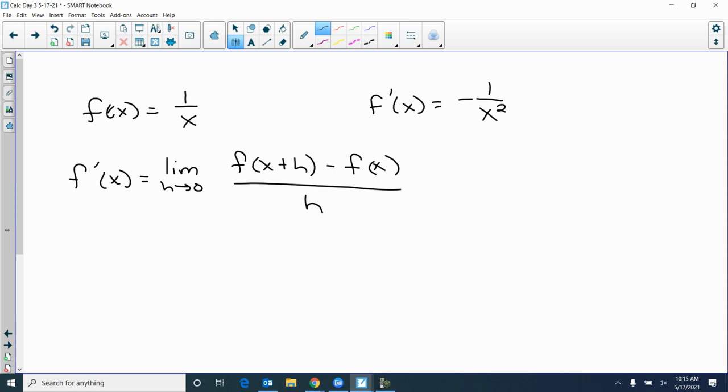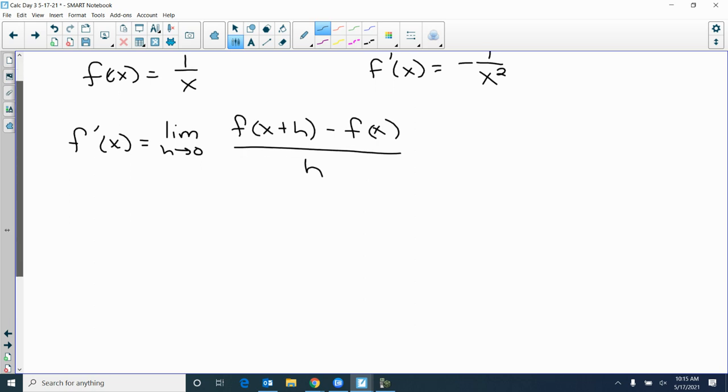Okay, and so we just use that to generate the function. Now, in this case here, we're going to get the limit as h goes to 0 of 1 over x plus h minus 1 over x all over h.